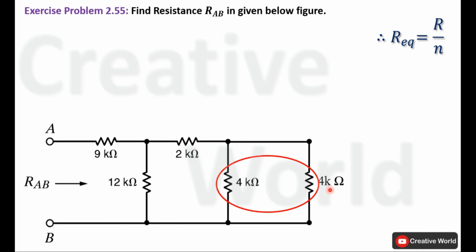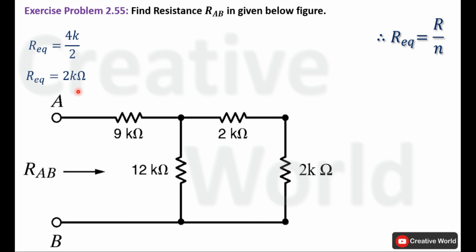In this case, it is 4 kilo ohm, and N is the number of resistances that are connected in parallel. In this case, two resistances are connected in parallel that have the same amount of resistance. So their R equivalent will be 4 kilo ohm divided by 2. It will become 2 kilo ohm. So we can replace these two resistances with a single resistance that has the value of 2 kilo ohm.